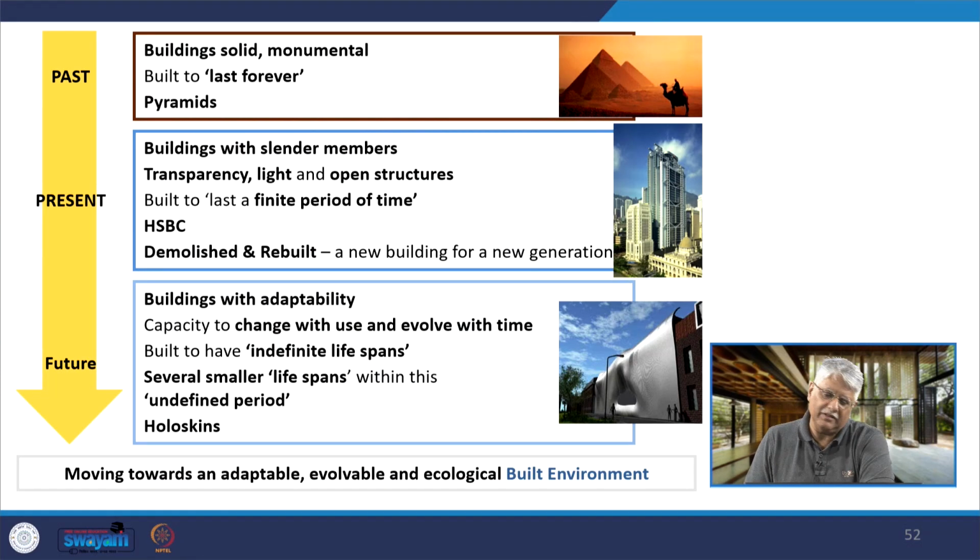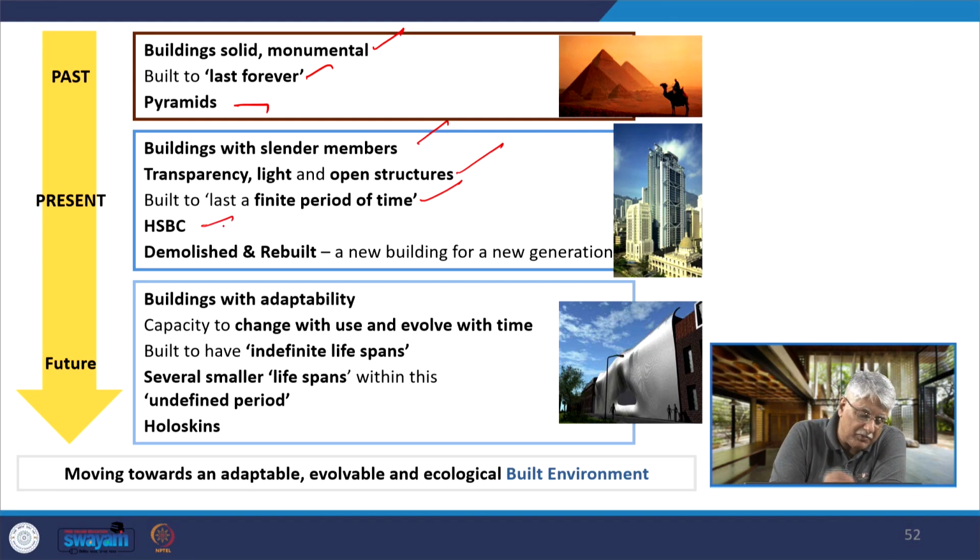Now concluding with this slide, in the past our buildings used to be solid and monumental, meant to last forever, like the pyramids. Then the present came, building with slender members, transparency, light, open structures, and buildings to last a finite period of time, like for example the HSBC Hong Kong. They would be demolished and rebuilt, a new building for a new generation. In the future, the buildings will be adaptable.